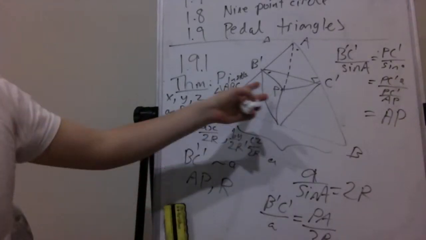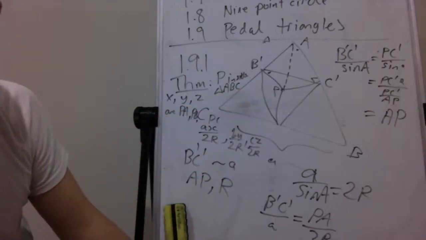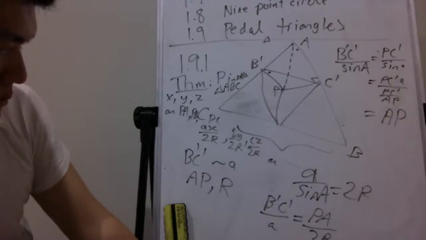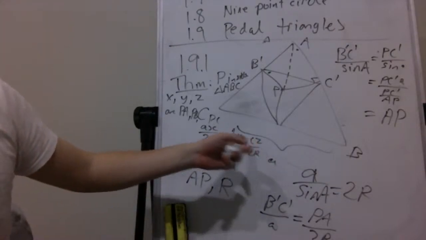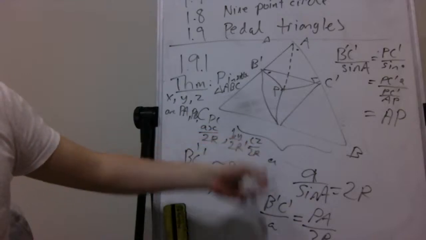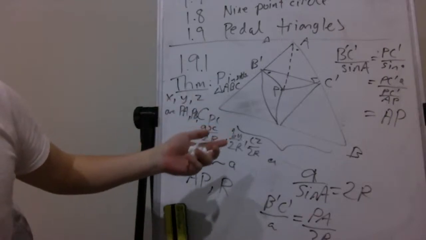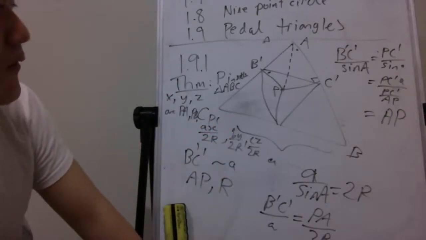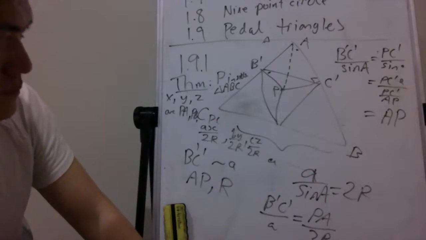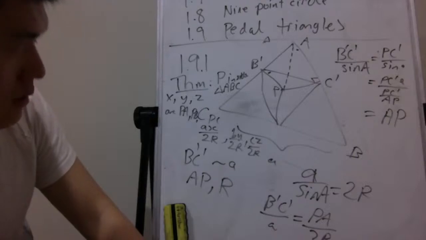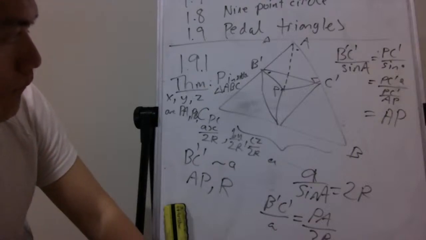Can you see there is one case where it is similar? If X, Y, and Z are equal, then the ratios are all the same. So that's when it's the circumcenter. That makes sense as well.